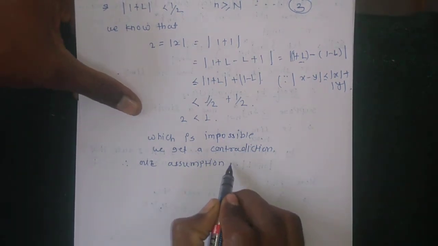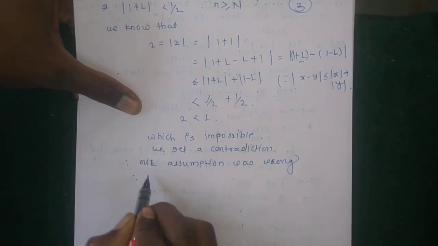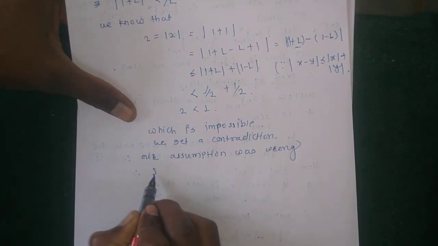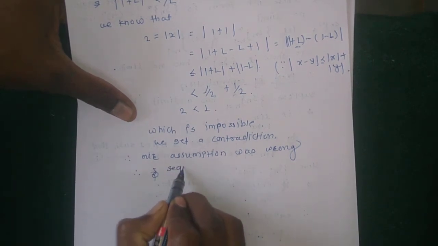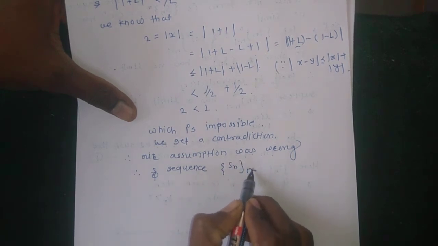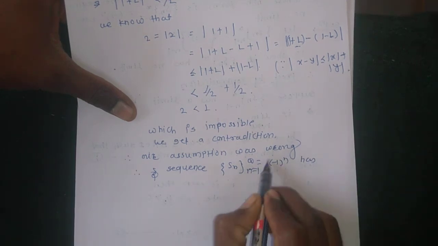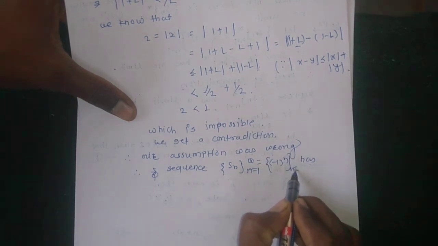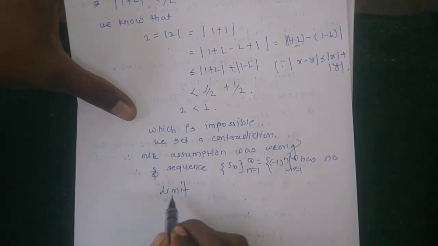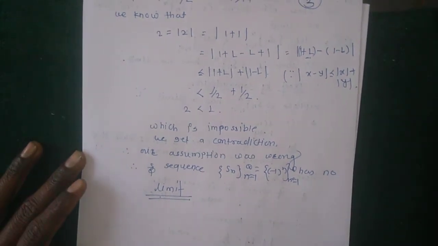Therefore the sequence Sn, where n runs from 1 to infinity, equal to minus 1 raised to n, has no limit. This is the proof of our example.